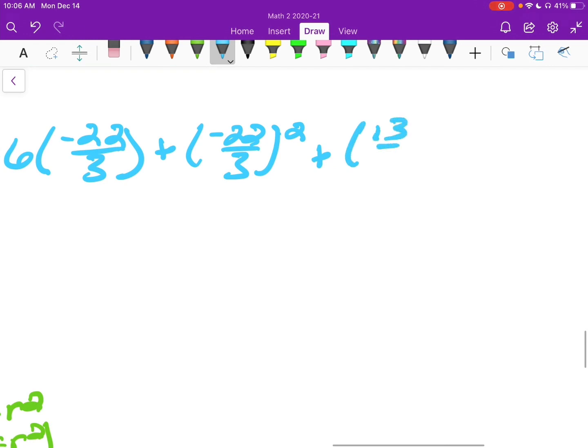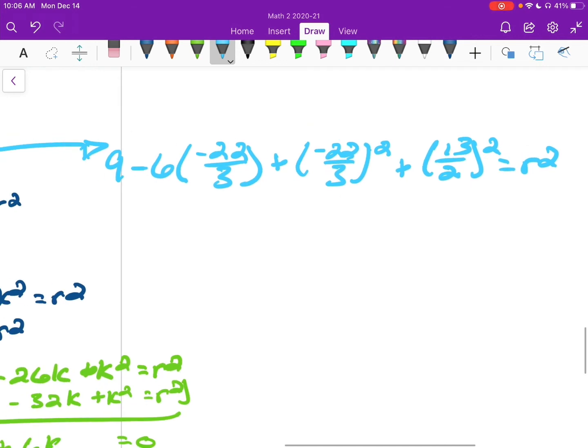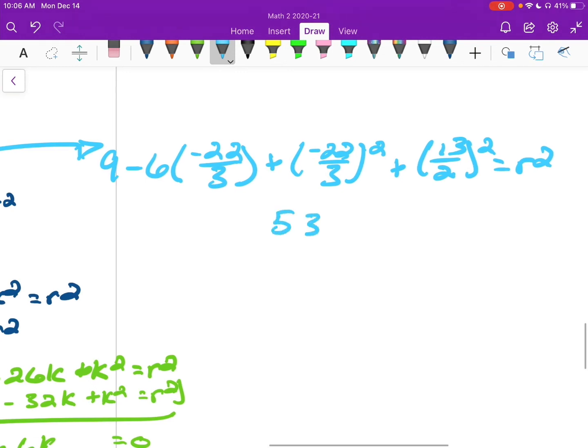So 13 halves squared equals r squared. So now I'm just going to type all of that on my calculator. So I'll have 9 minus 6 times parenthesis negative 22 over 3 plus parenthesis negative 22 over 3 parenthesis squared plus parenthesis 13 over 2 squared. And that gave me a huge fraction, 5365 over 36.